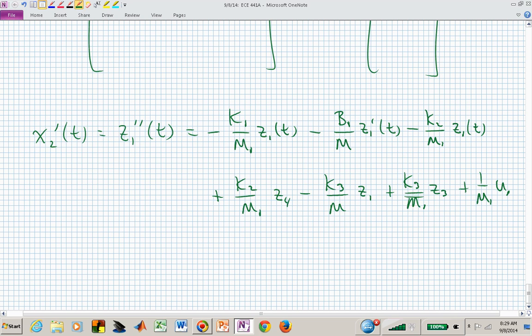Those are all the terms, hopefully, that result when we solve that first set of dynamics: the M1 z1 double prime, keep that on the left, put everything else on the right, divide by M1, and we should have M1s in the denominator of all of these terms.